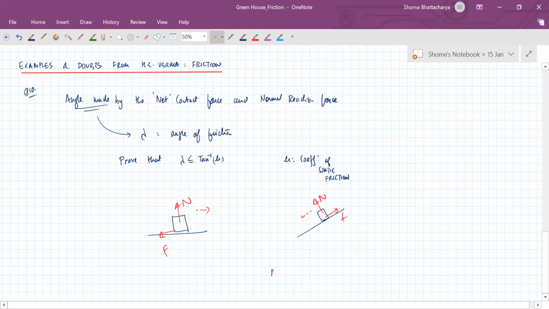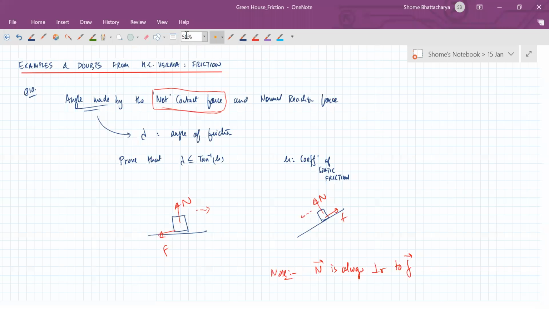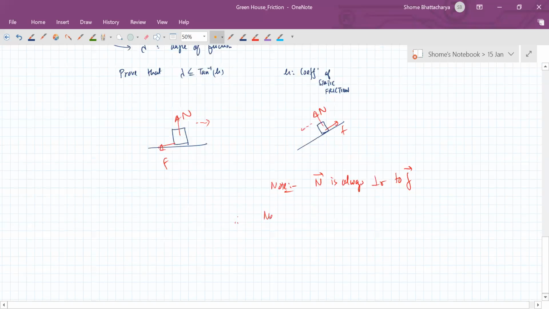So the important thing is that normal reaction is always perpendicular to friction, and the net contact force, let's call this R, is the resultant of friction and normal reaction.